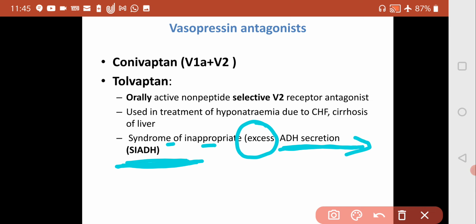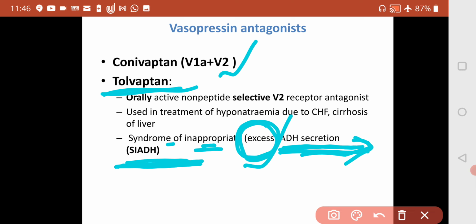So we need to antagonize this, and tolvaptan, a V2 receptor antagonist, is used in SIADH. Inappropriate means there is excess secretion of ADH.